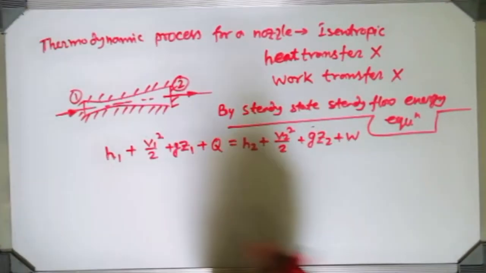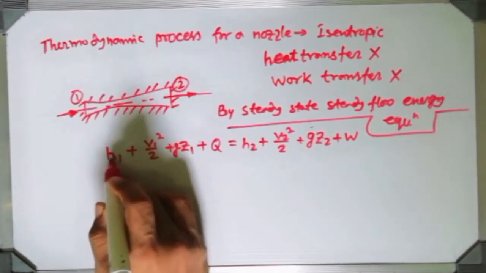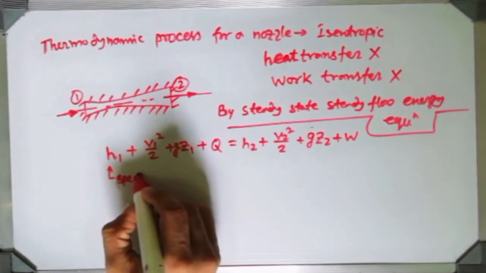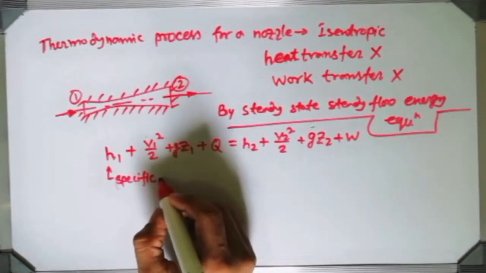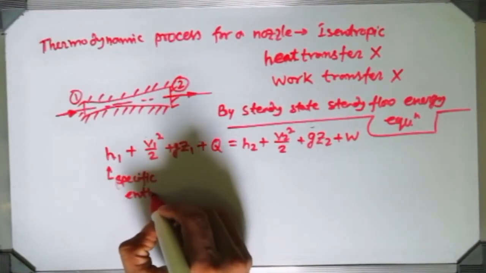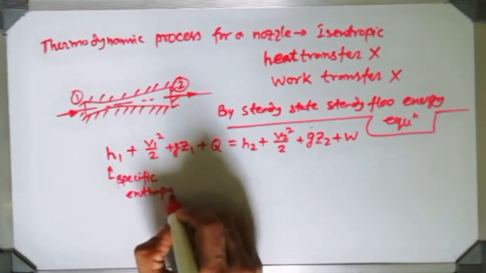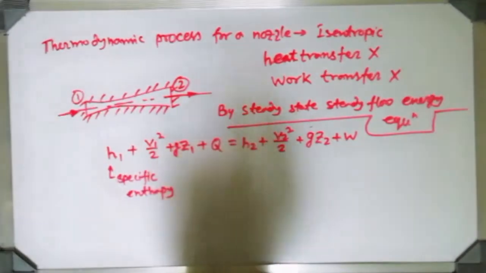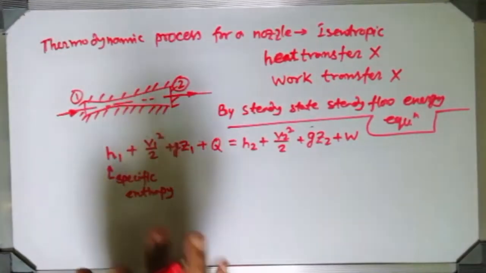The term H is nothing but the enthalpy, or rather say specific enthalpy. Enthalpy in easy words is nothing but the amount of heat stored in it. You people don't have to go into detail. Enthalpy is basically an energy. In easy words I can say it is the amount of heat stored.